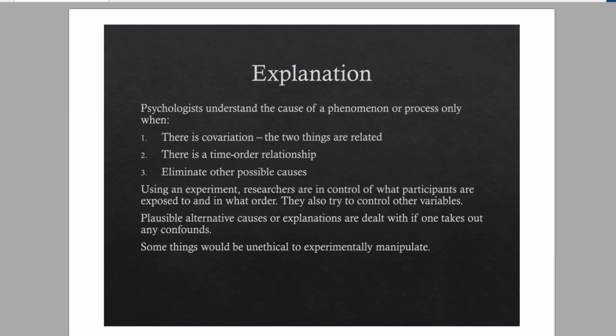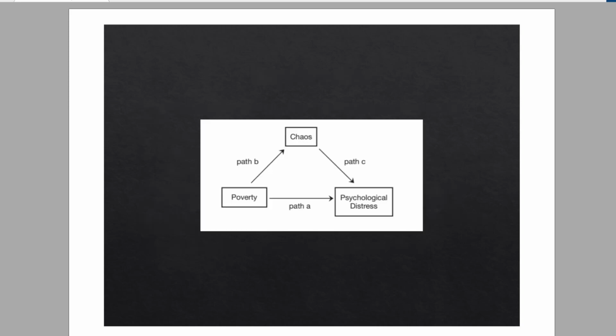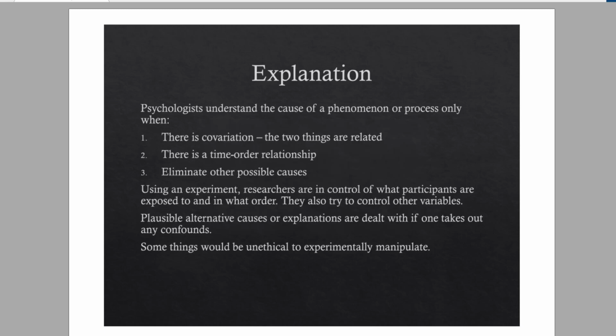We're exploring new stuff. And some things you can't manipulate in research. For example, you can't make people impoverished. In that case, there are other things to do, but experiments are a nice way to talk about explanation.